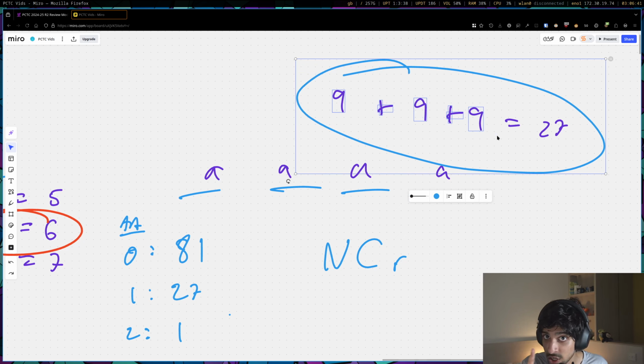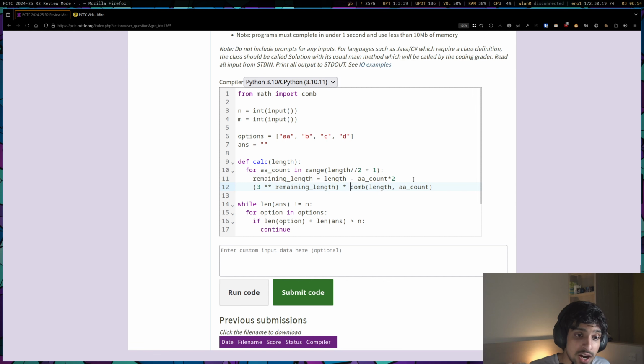Why? We're doing that because each pair of AA takes up 2 characters. So we actually don't do n choose r where r is the AA count.